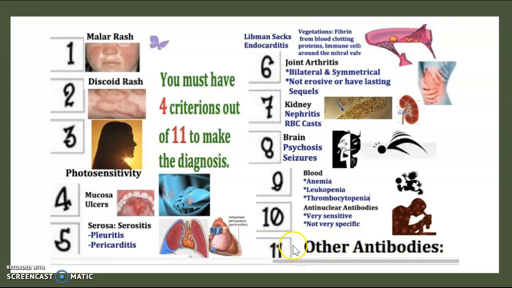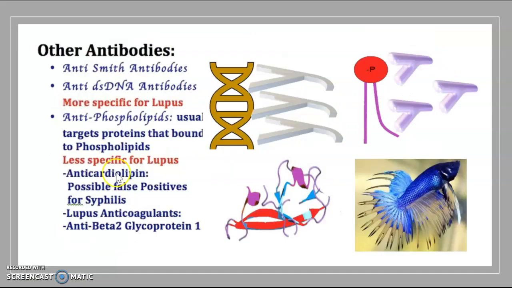Let's see what these other antibodies are. Anti-Smith antibody and anti-DNA antibody are more specific for lupus. Antiphospholipid antibodies usually target proteins bound to phospholipid. They are less specific for lupus.